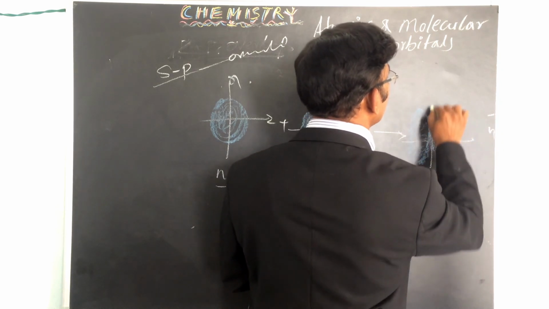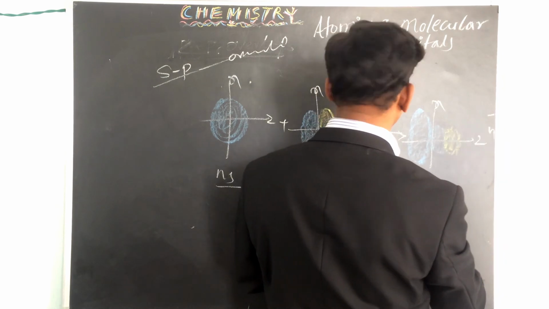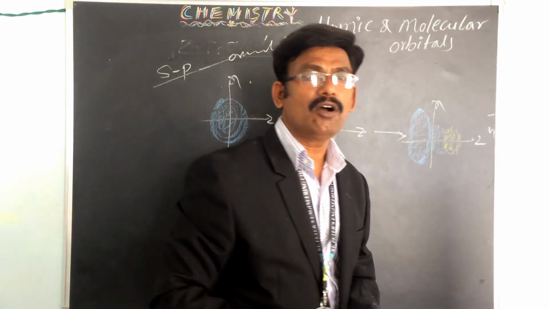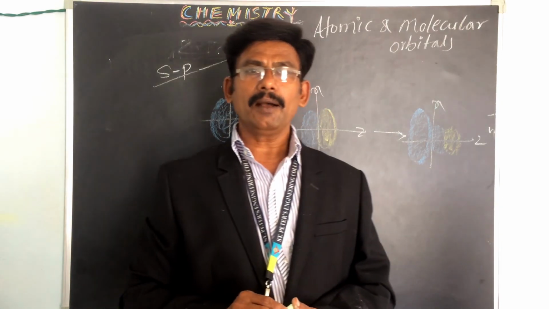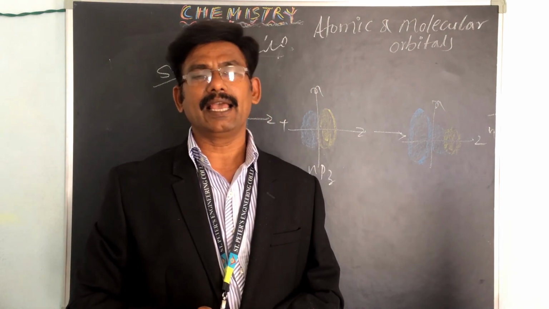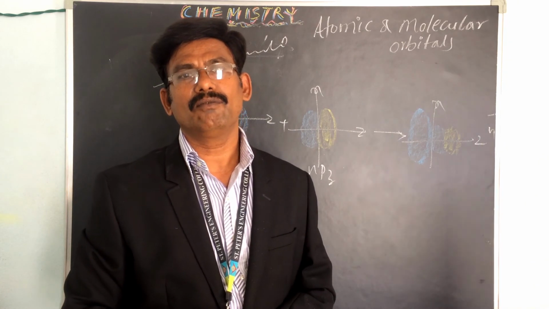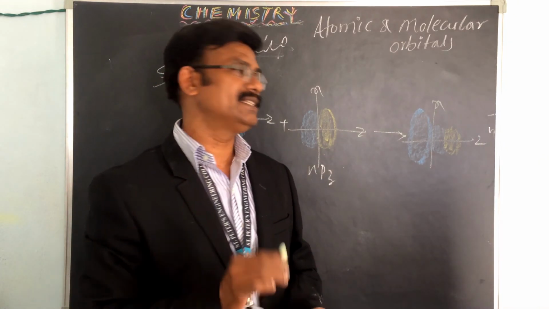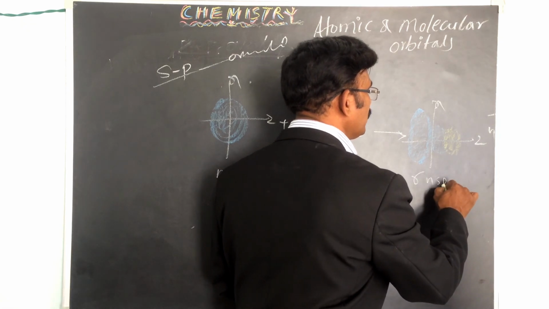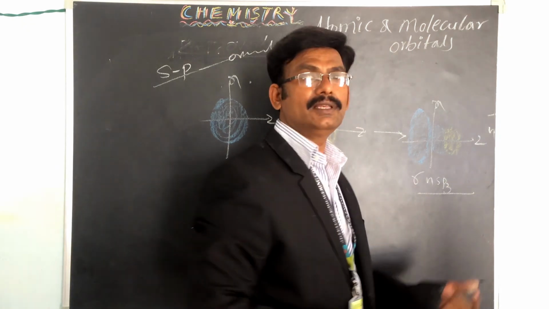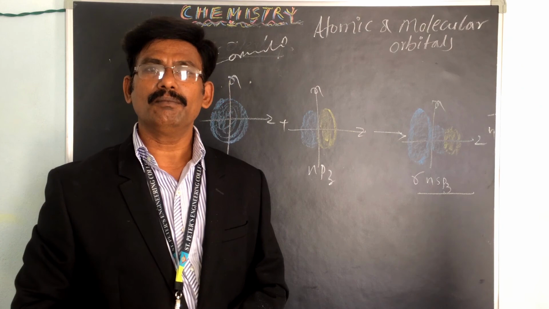X direction and Z direction. What compound is formed? Here the sigma bond, sigma NSP. What do you say? Sigma NSPZ. So this is the formation of the molecular orbital.